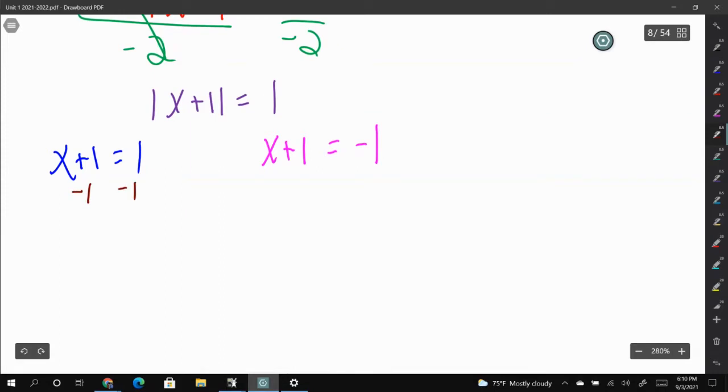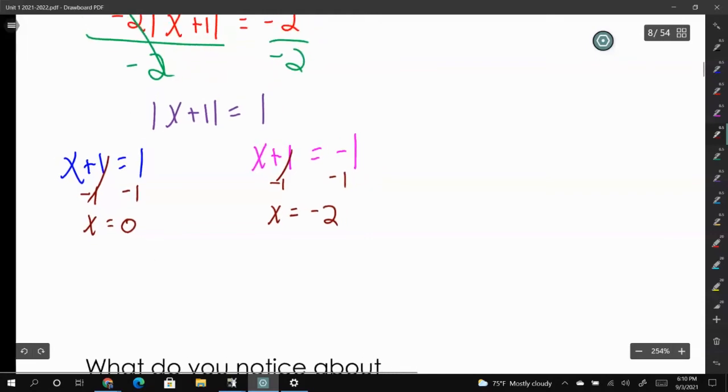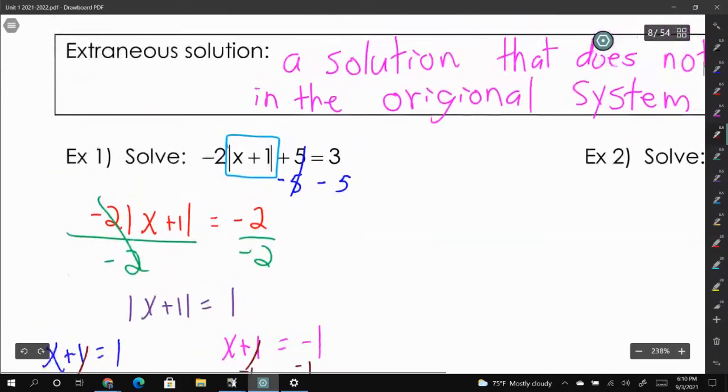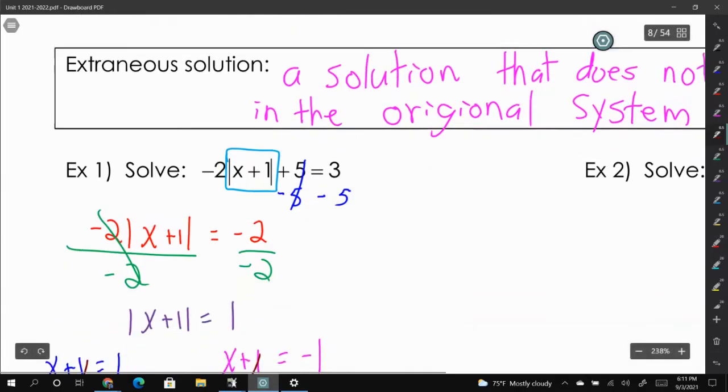Subtract 1, we get x equals 0. Subtract 1, x equals -2. Now, when we check our solution, we want to go up here to the original.